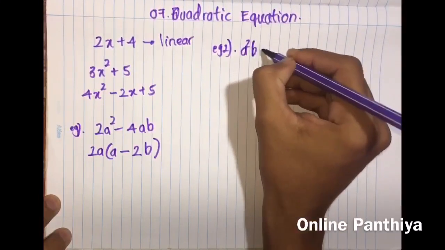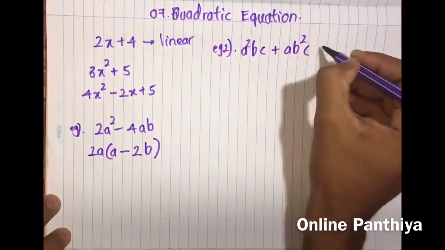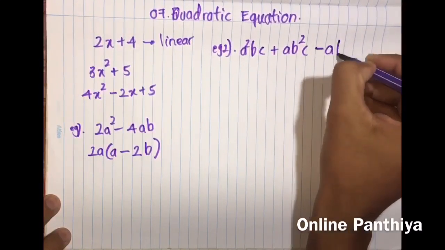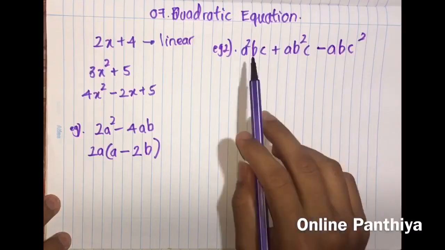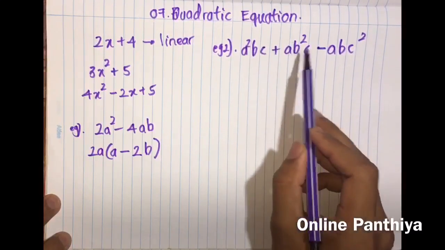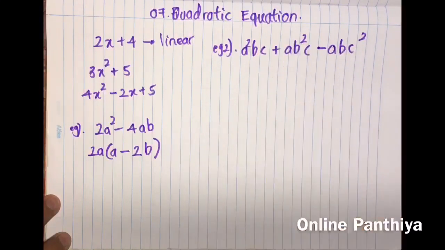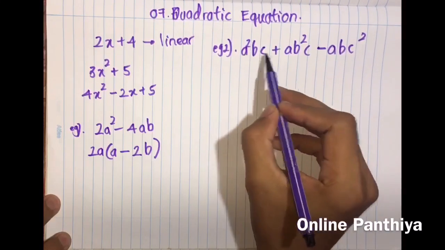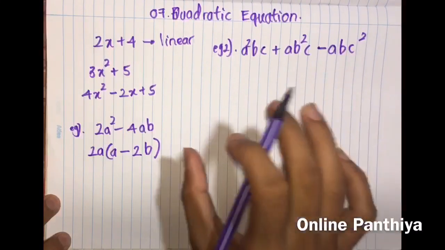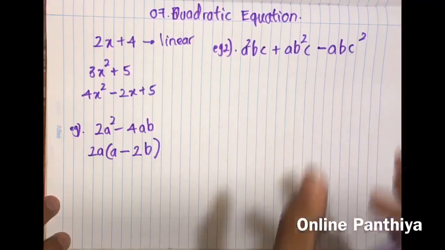Okay, one more example of factorizing. Let us go to a larger term: ab squared c minus abc squared. Now look at all these terms. You have abc common. You cannot take anything more than a or b or c. That is because the maximum power you can take out is abc, that is the power 1 from each of these expressions.